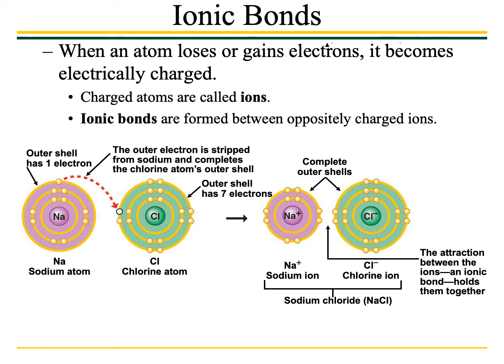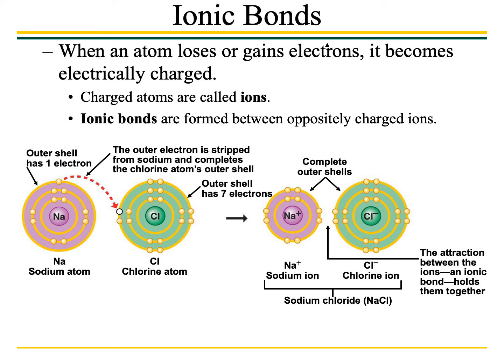So let's look at the left-hand side of this figure, looking at the sodium atom first and then the chlorine atom second. The sodium atom has an atomic number of 11, which means it has 11 protons, but for our purposes it means it also has 11 electrons. That means the outermost shell has only 1 electron in it.